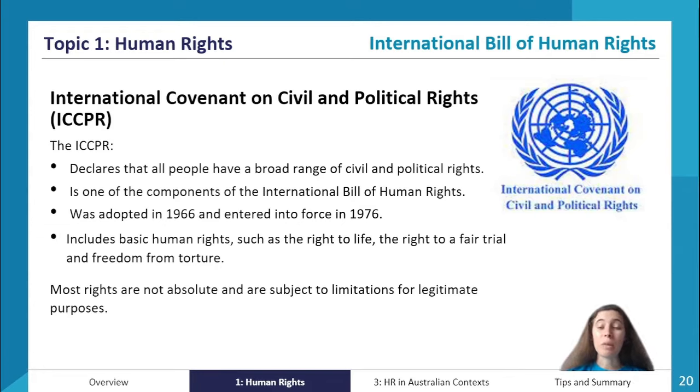Basically, absolute means that there's no limitations, there's no exceptions, but in most cases, rights aren't absolute because there can be different scenarios, different circumstances that make it legitimate for that right to not be relevant in different scenarios.